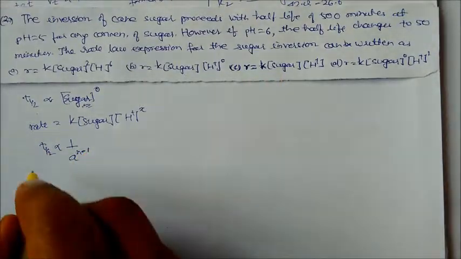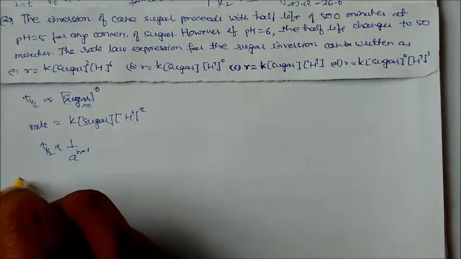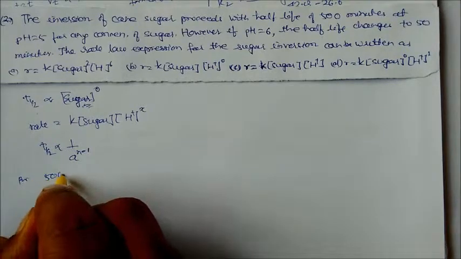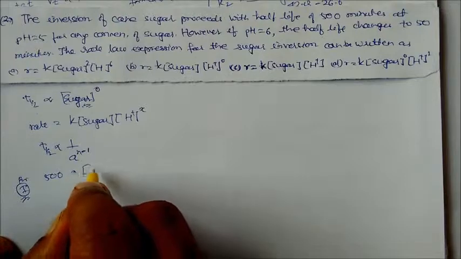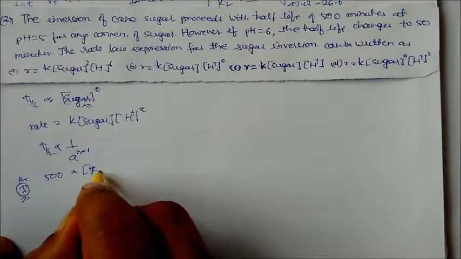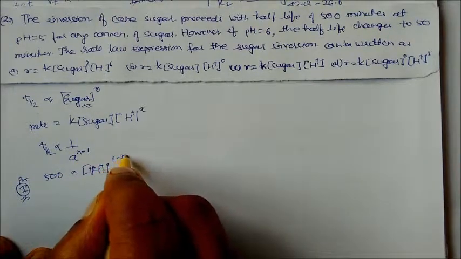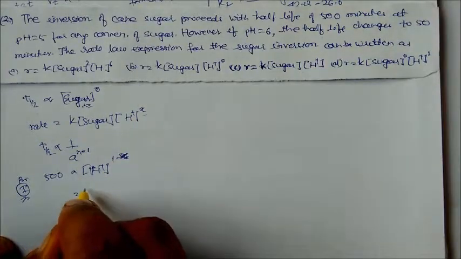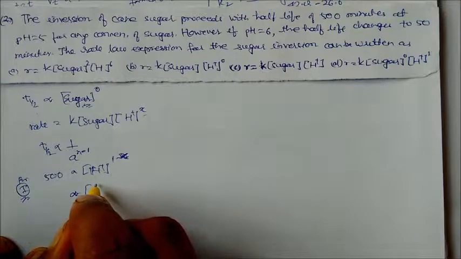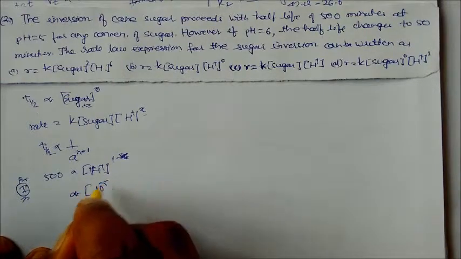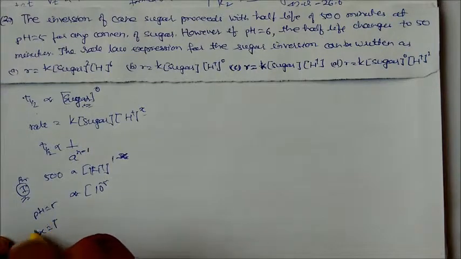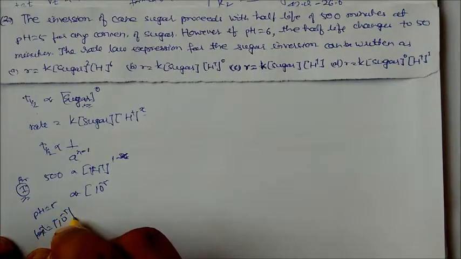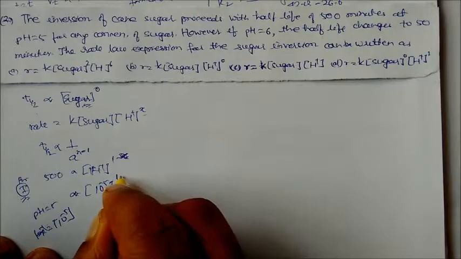In this way, for case 1 the half-life is 500 minutes. So 500 is proportional to concentration of H plus to the power 1 minus x, because we have to find x here. The concentration of H plus is 10 to the power minus 5, because pH is 5. Put this value, again 1 minus x.